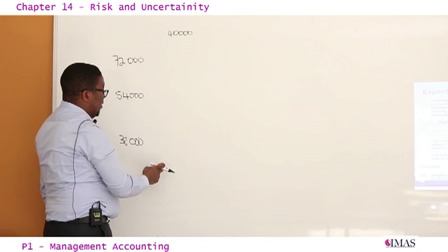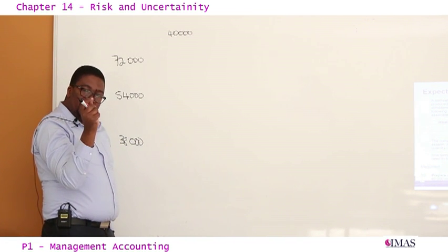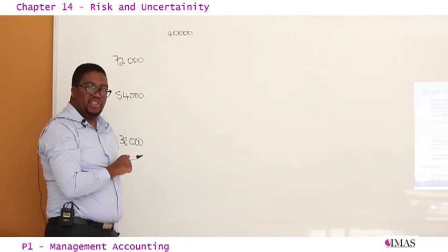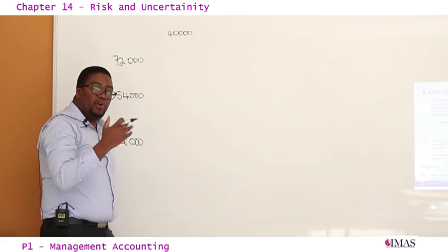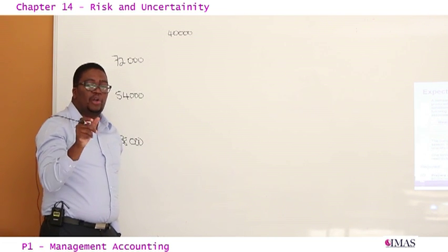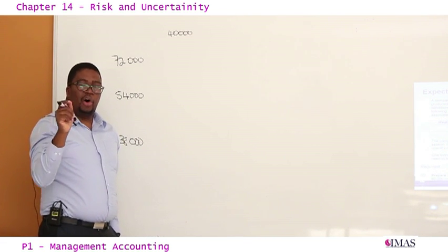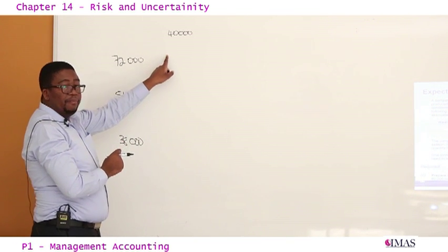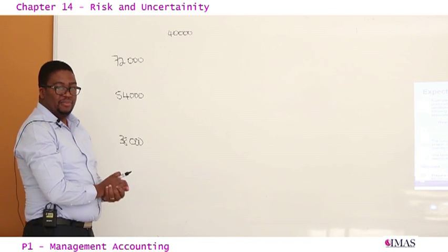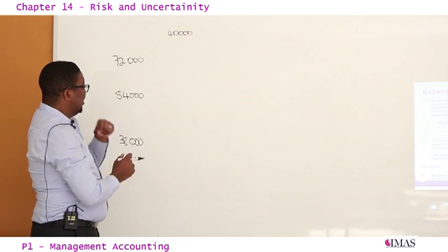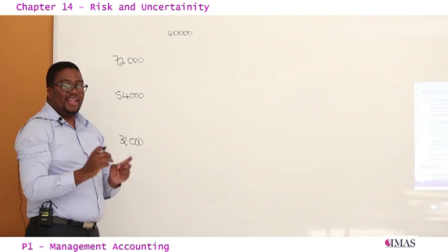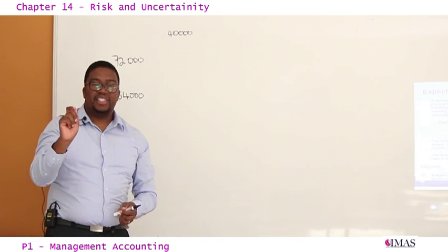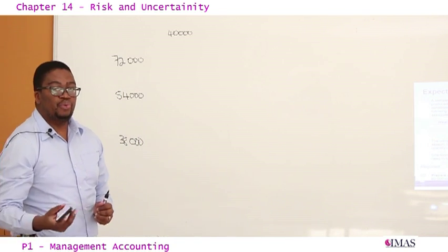what will be the profit generated by the business? Because a payoff table shows all possible profits or losses that will be generated. If the organization produces 40,000 units and the demand is 72,000, the company will be able to sell everything that they've produced.